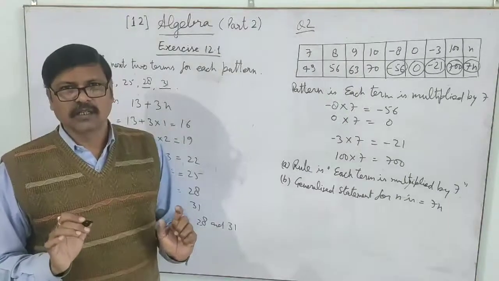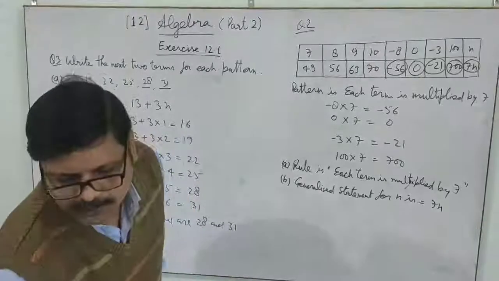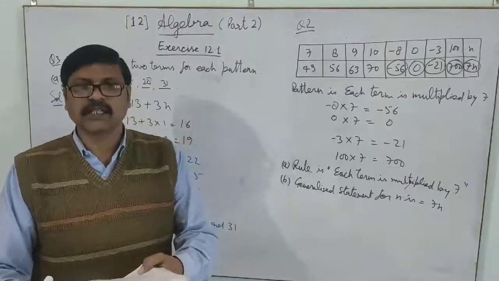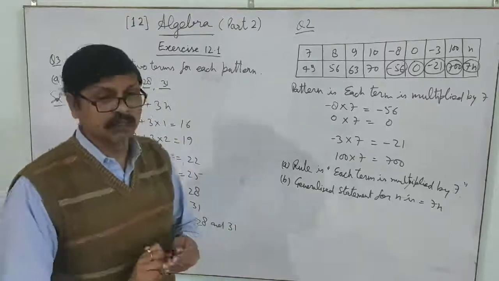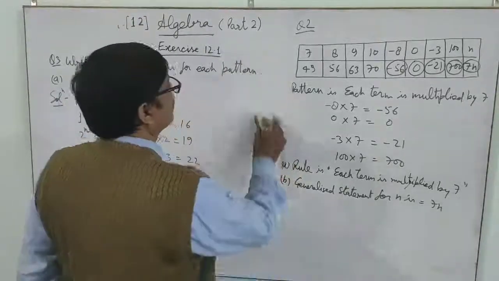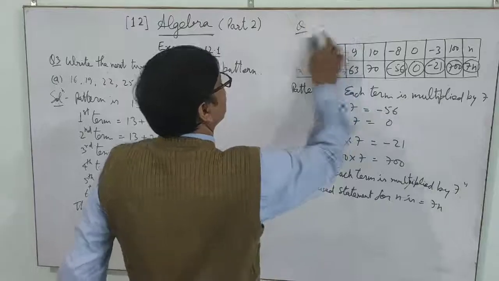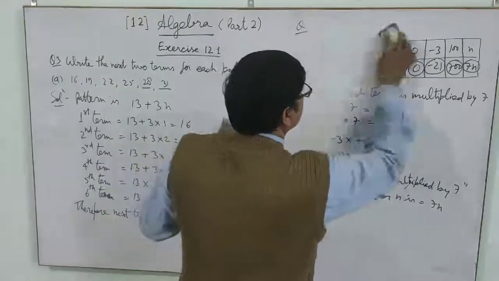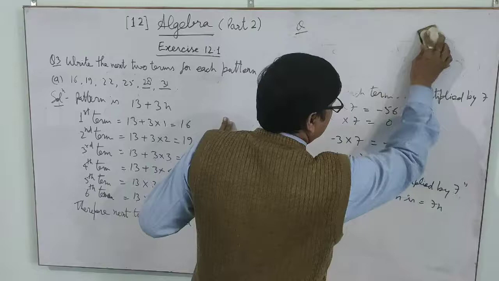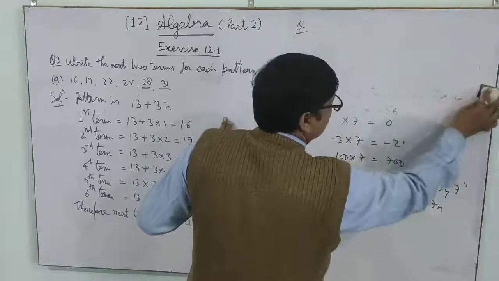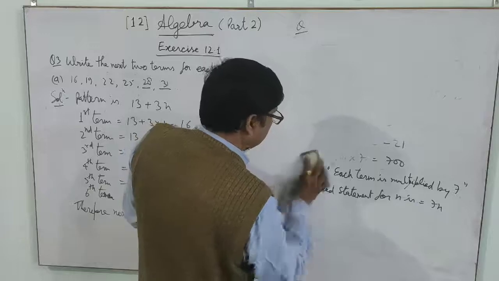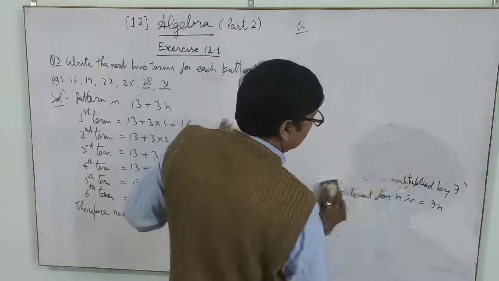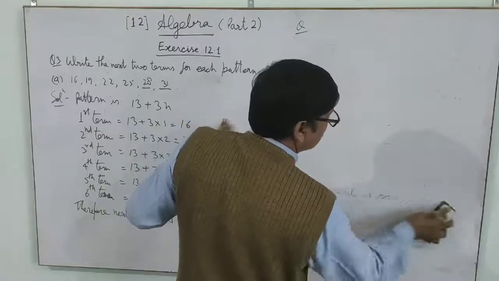All of you have understood now? Okay. Then the B part of question number 3 I will give as homework. Now see question number 4. That is a matchstick pattern. In my last video I taught you about 3 types of patterns: number pattern, dot pattern and matchstick pattern.